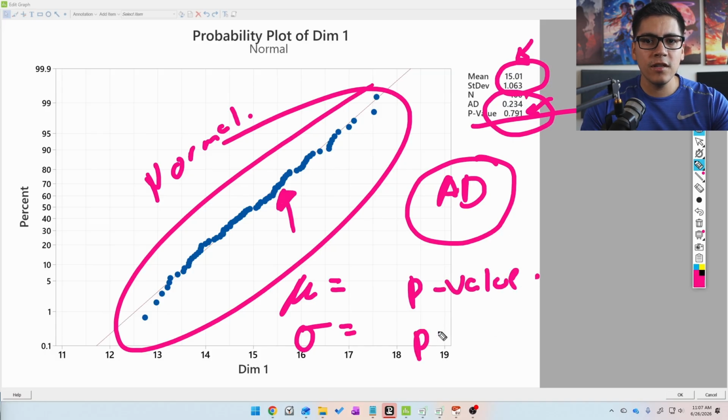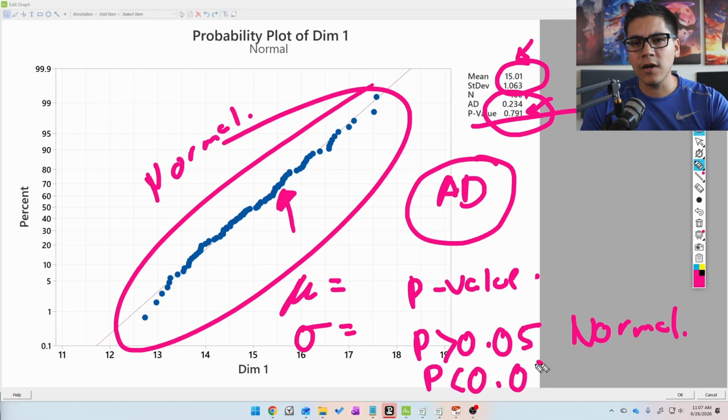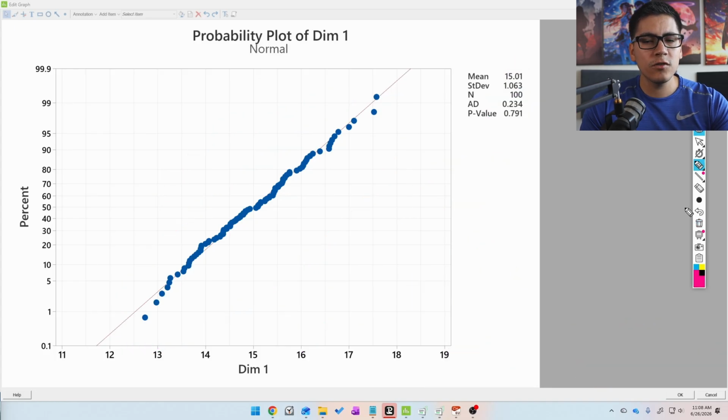If the p-value is above 0.05, then I can confirm that my data is actually normal. If my p-value is below 0.05, then I'll state that my data is not normal. This rule is going to apply for any normality test that you execute.